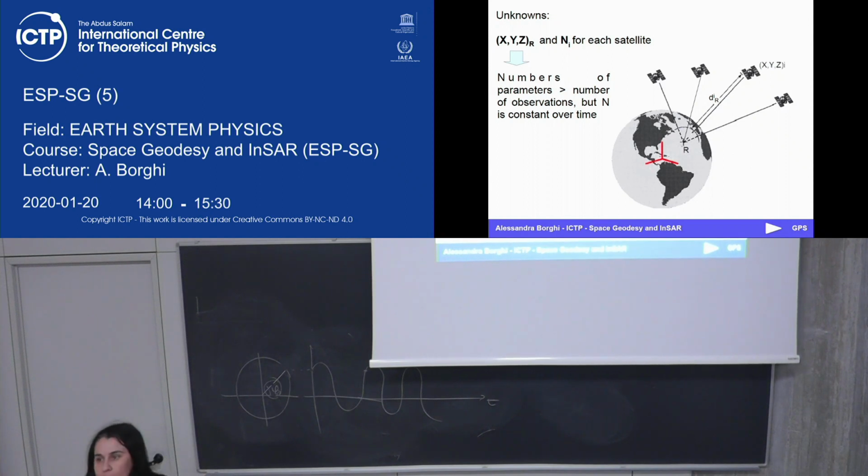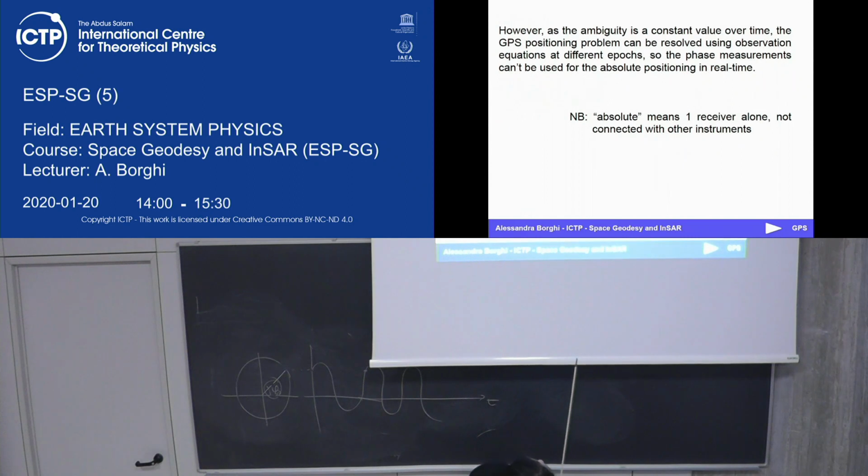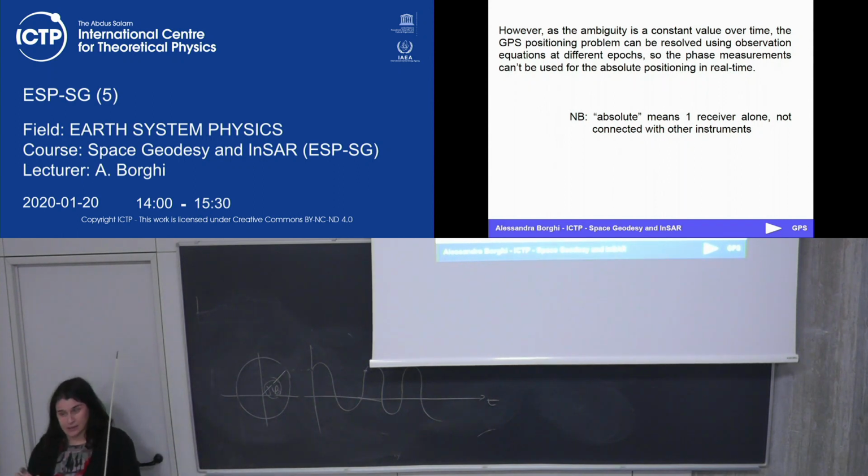So the solution with the phase is not to increase the number of satellites. We cannot say, okay, we need at least 5 satellites to have our position in real time. But we can solve the problem because this unknown number of cycles is a constant value over time.